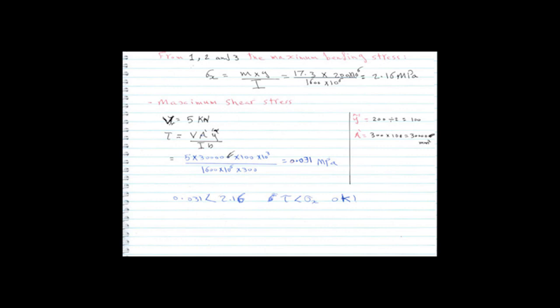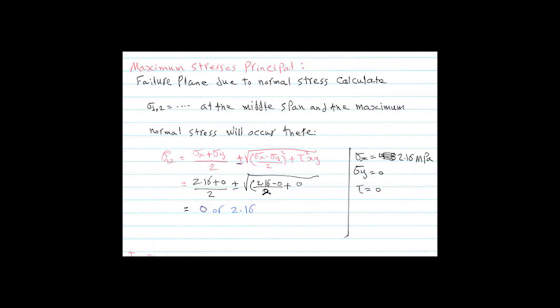After that, I calculated the principal stresses. For the failure plane due to the normal stresses, calculating theta 1 and theta 2, the maximum normal stress will occur at the middle of the span.